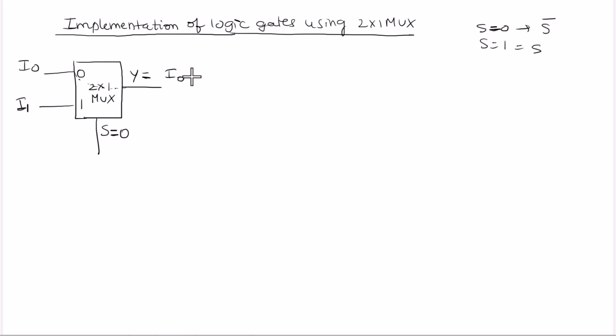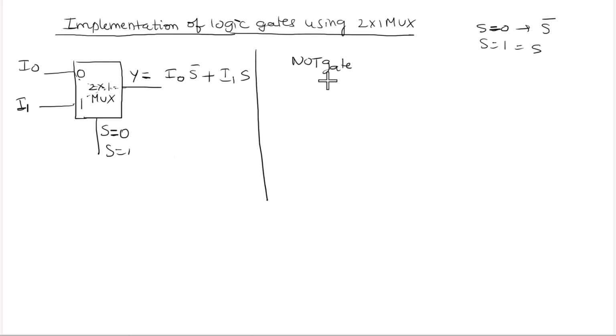So I0 into S bar plus, if S is equal to 1, then I1 will be selected and routed to the output, so I1 into S. This is the basic logic expression for a 2 to 1 MUX.